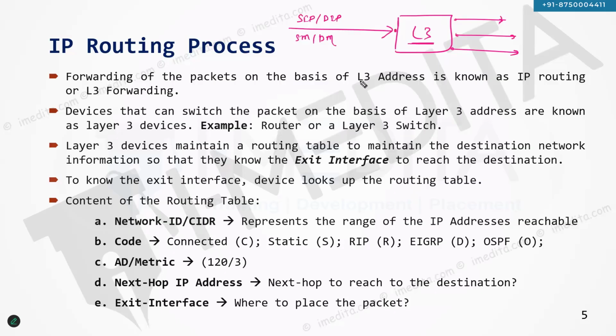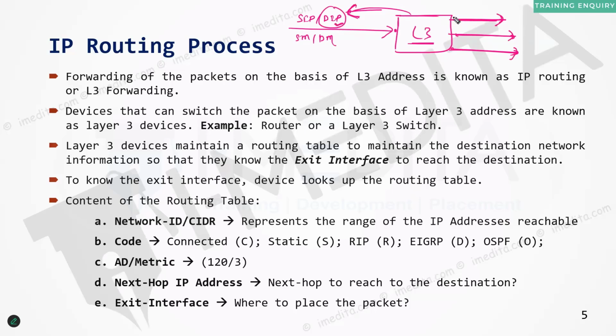Since layer 3 devices perform routing based on destination IP, they will check the destination IP and find out of these three interfaces which interface is appropriate to forward the packet for that particular destination.